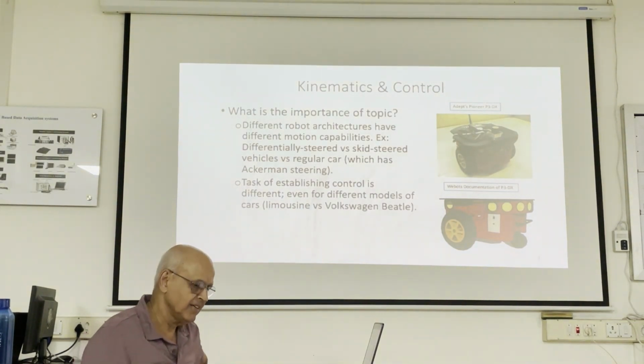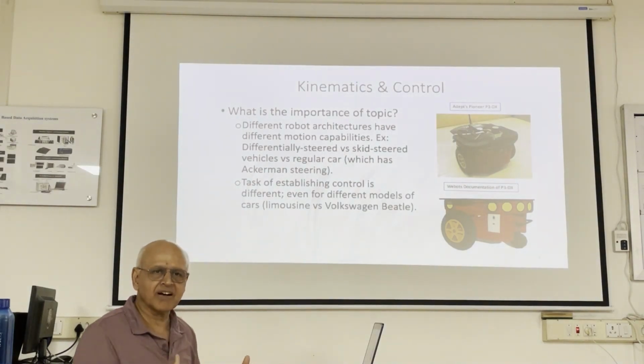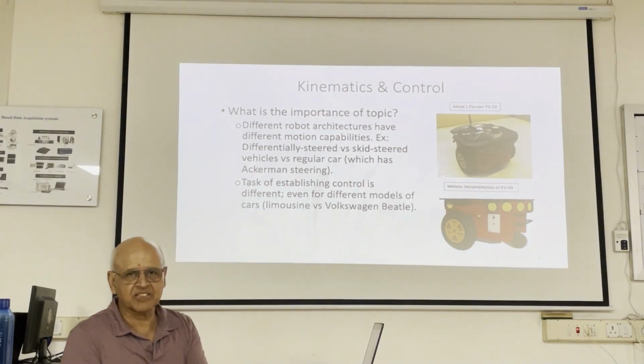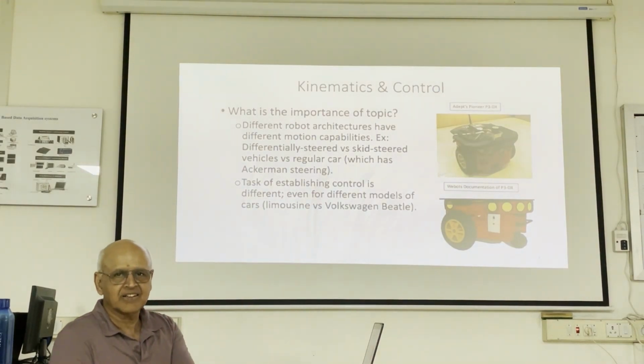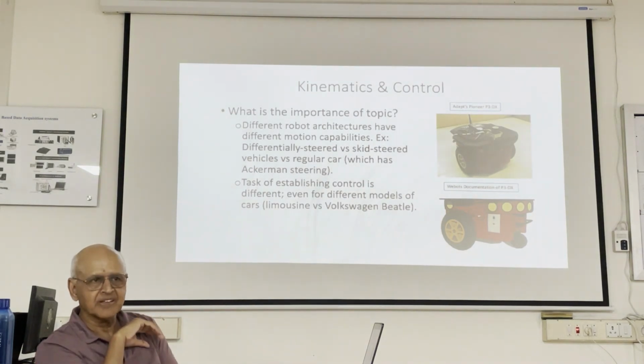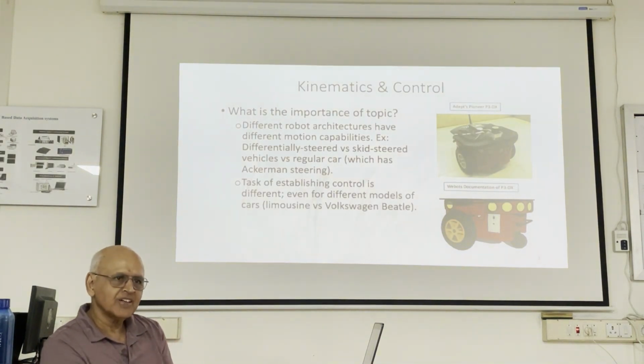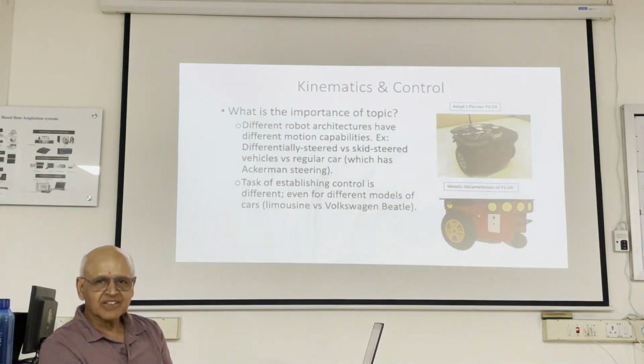Can it take a short turn, or is it like a limousine? You know that the self-driving car movement is quite big. So they have to figure out what this vehicle is capable of doing in order to establish control. One requires the other. The Mars rover, you may have seen pictures of it, is a different vehicle from a Volkswagen Beetle. How do they establish a control system for that? They have to know how it moves.